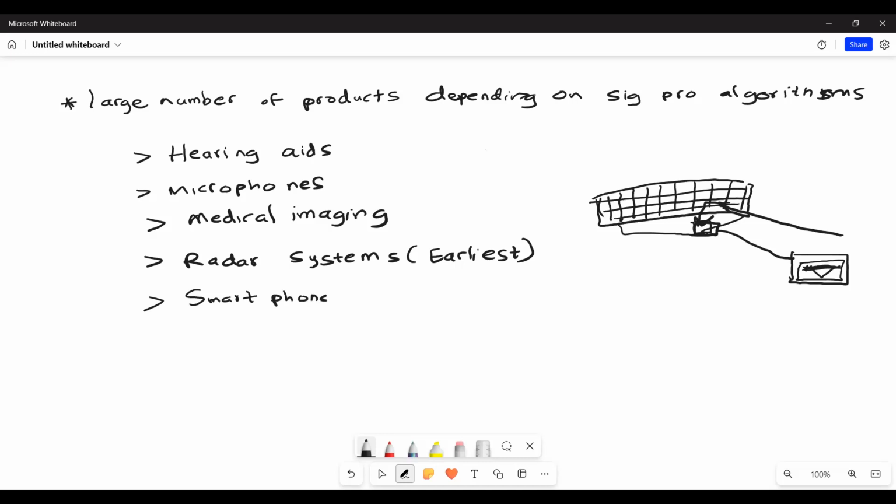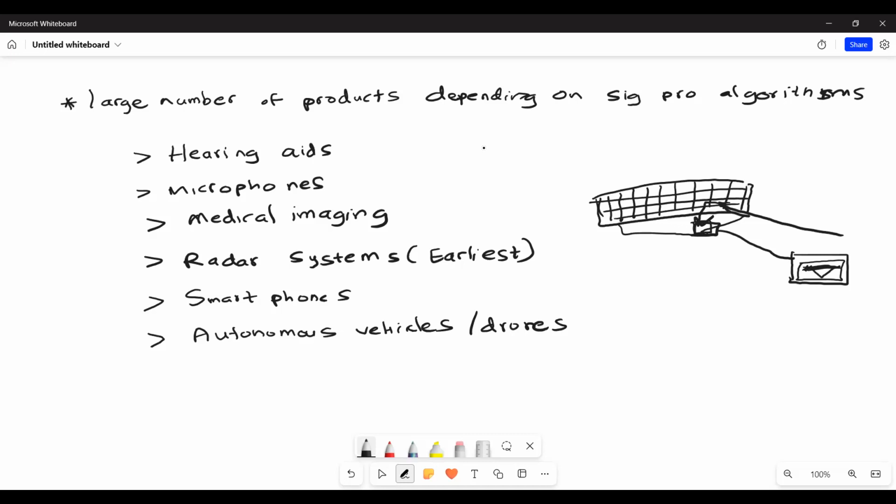Smartphones are another application of signal processing. Another application will be vehicles, autonomous vehicles, autonomous drones, UAVs. A drone is a flying vehicle, so it is somewhat different to the normal vehicle.